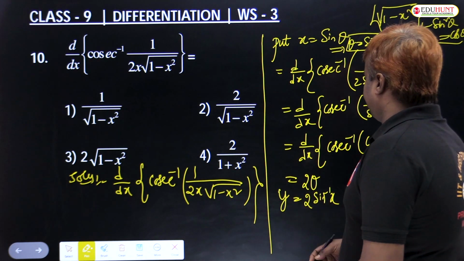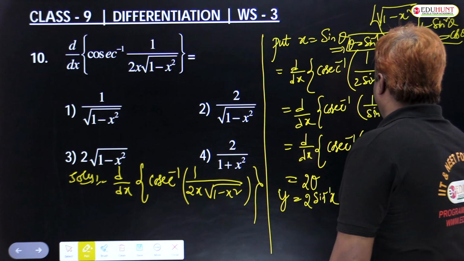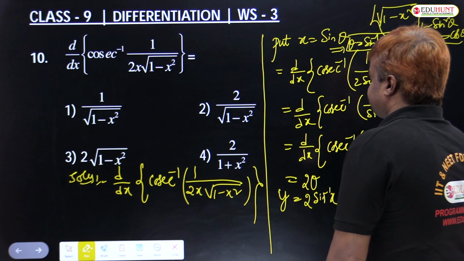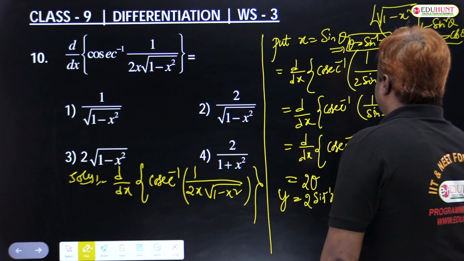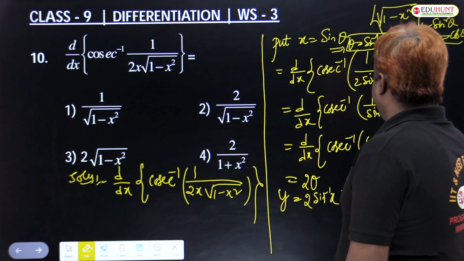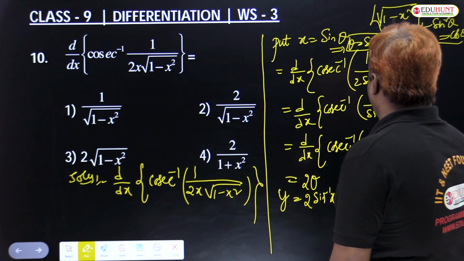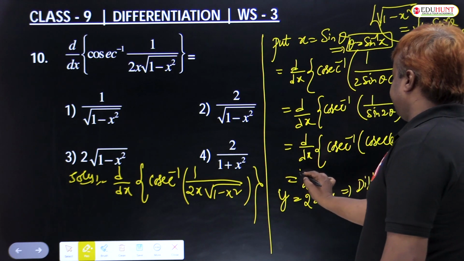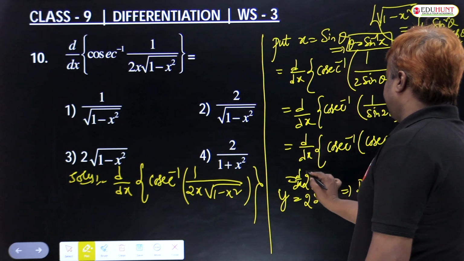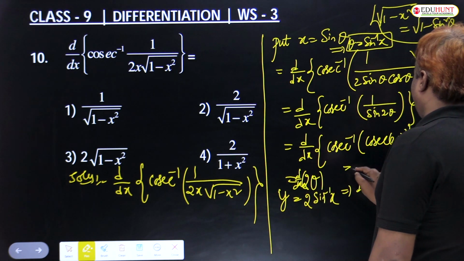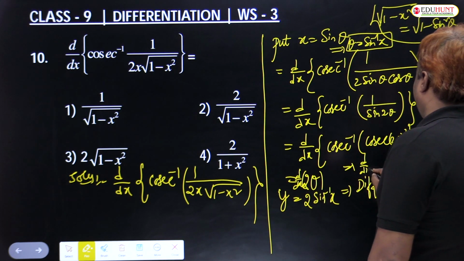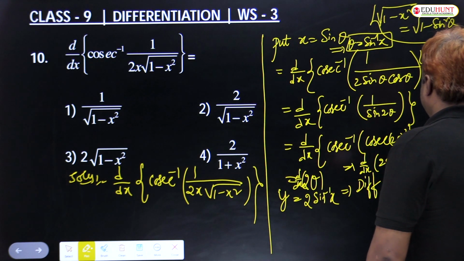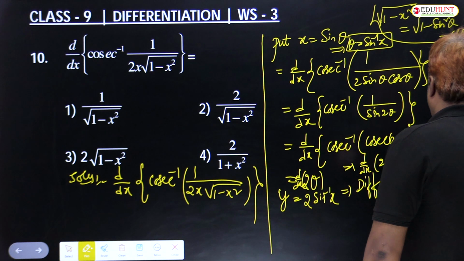So now I want to find dy by dx. Differentiate both sides. So dy by dx is d by dx of 2 theta, or else d by dx of 2 into sin inverse x, that is nothing but 2 into 1 by root over 1 minus x square.